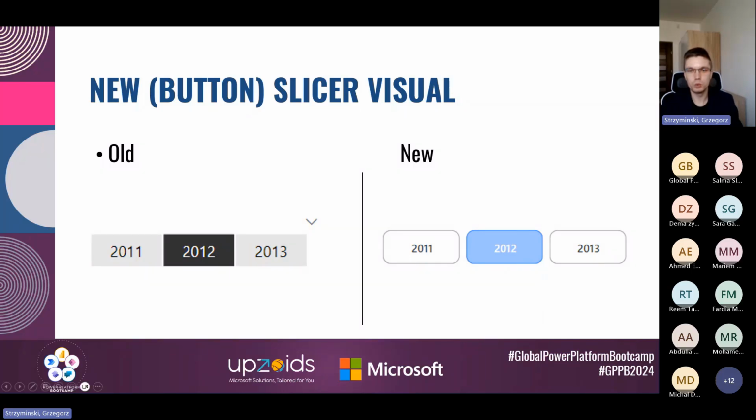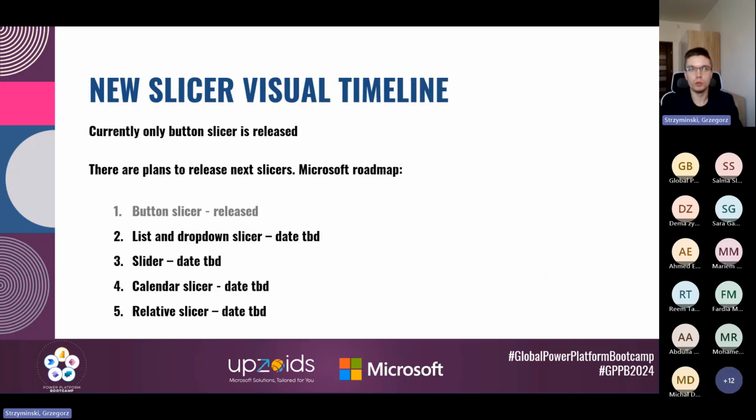So what's there to remember about the new slicer? Here is a slide with the development timeline for the new slicer visual. Here we have said that currently only the button slicer is released.